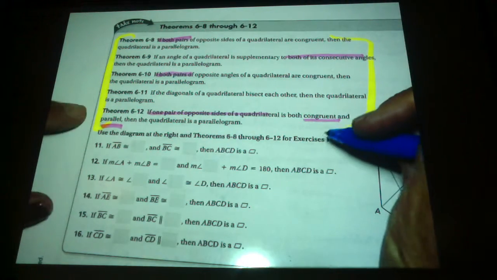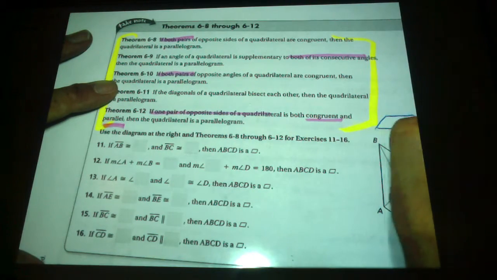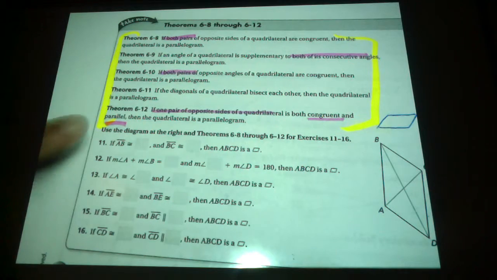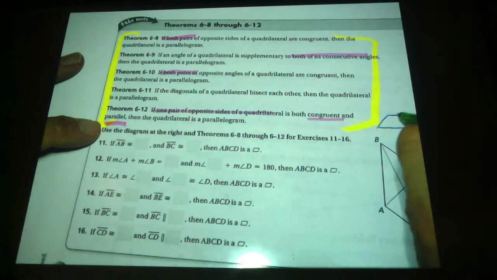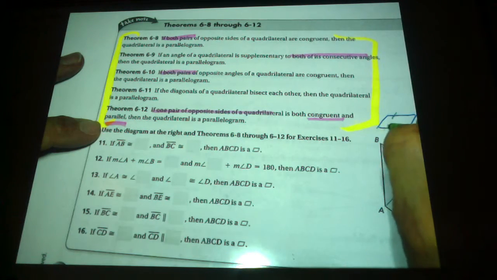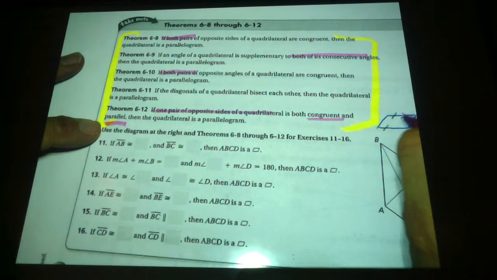This one, however, is new. And what this one is saying, so draw a picture over here, and let's think about this logically. What this is saying is that one pair, just one pair, of opposite sides are both congruent and parallel. So I'm going to put a congruent marker here, and then I'm going to put a parallel marker here.